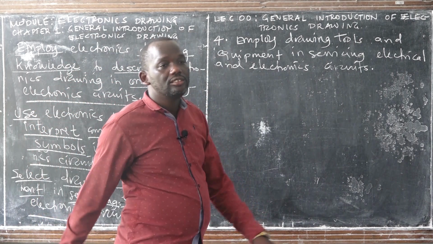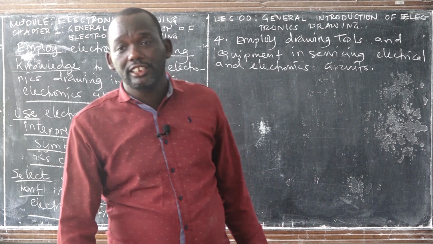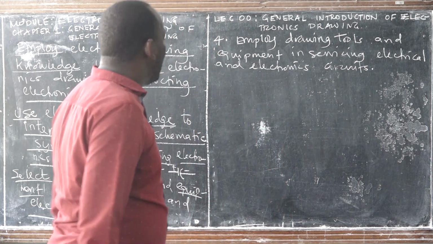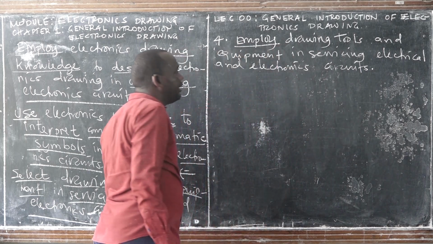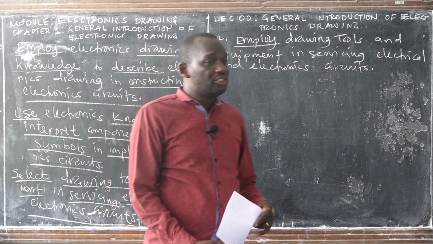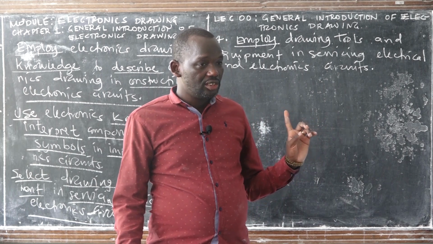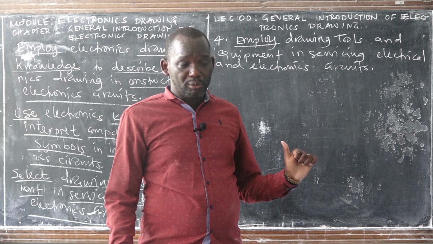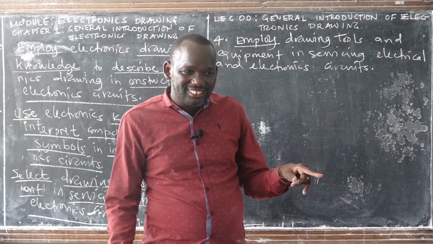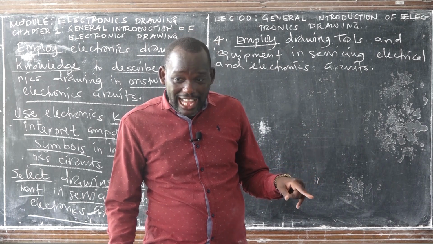Stop writing. Look and listen. The first sub-enabling outcome is called what? So employ means you should have prior knowledge of drawing tools and drawing equipment. In this module, I have to teach you how to employ. Are we together?